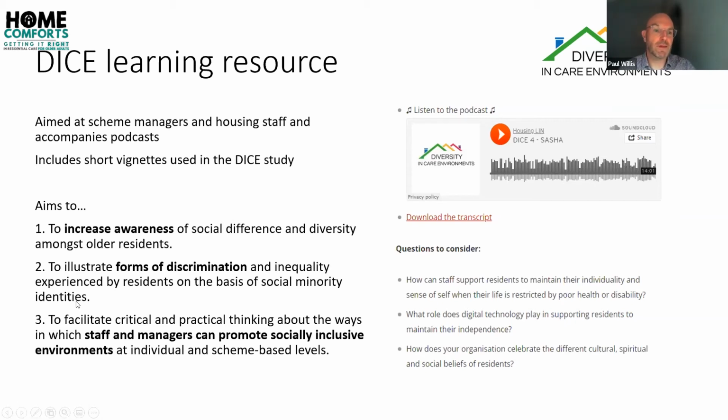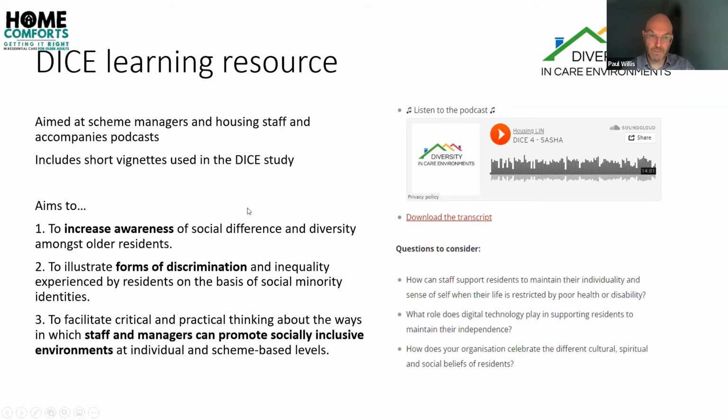And it's aimed at schemes, managers and housing staff, and includes a series of podcasts, different stories from residents from different social backgrounds, giving their perspective about what they value within their current scheme, as well as some of the challenges they experienced when they relocated into their scheme. And this set of resources is about increasing awareness of social difference and diversity amongst older residents.